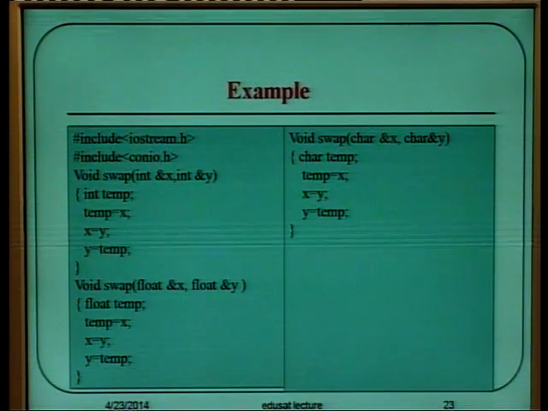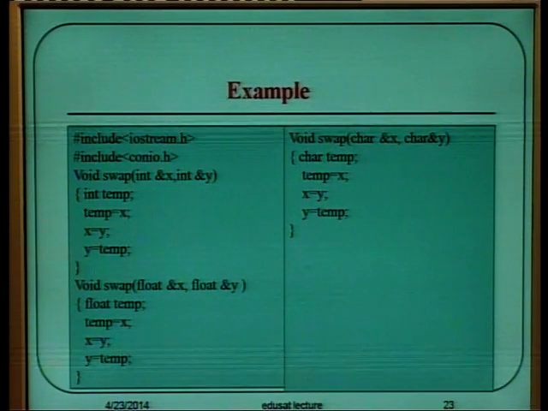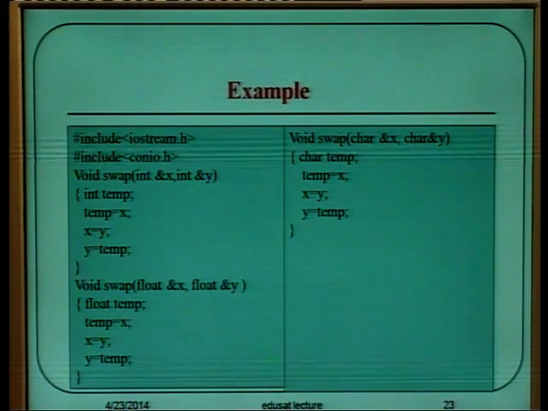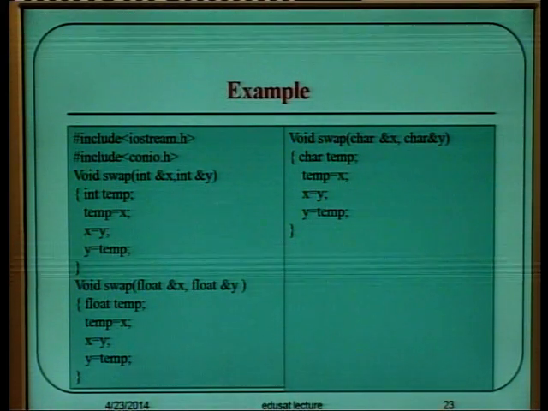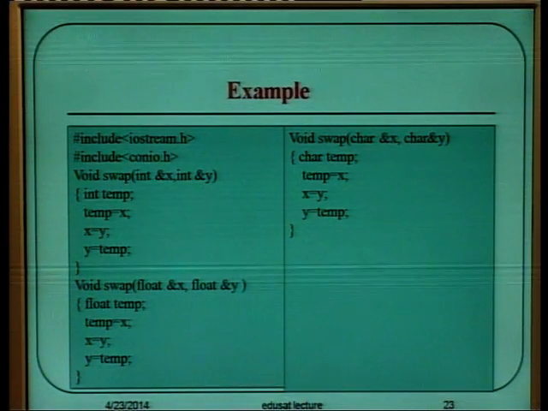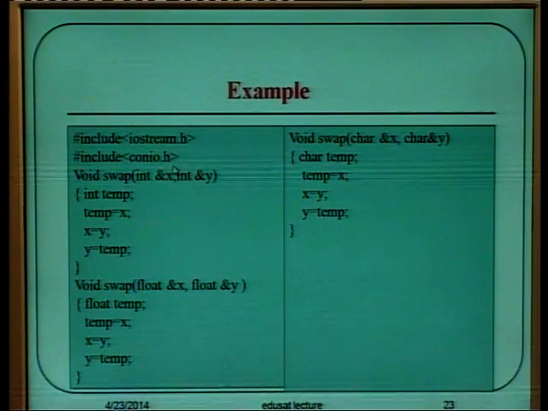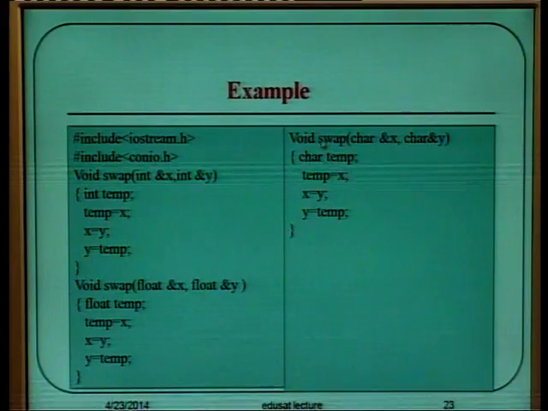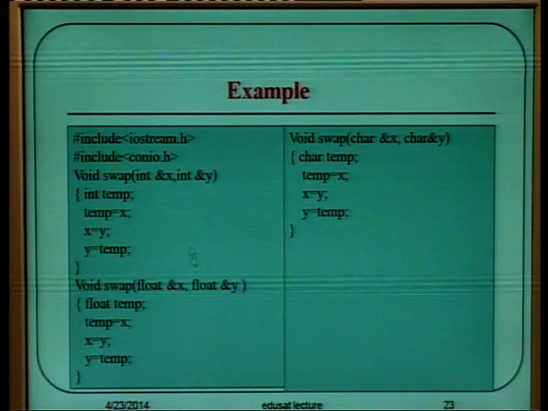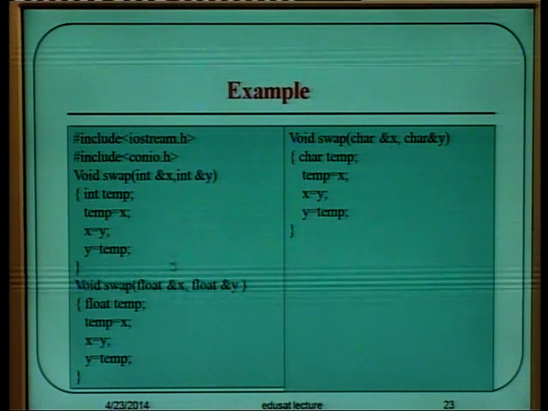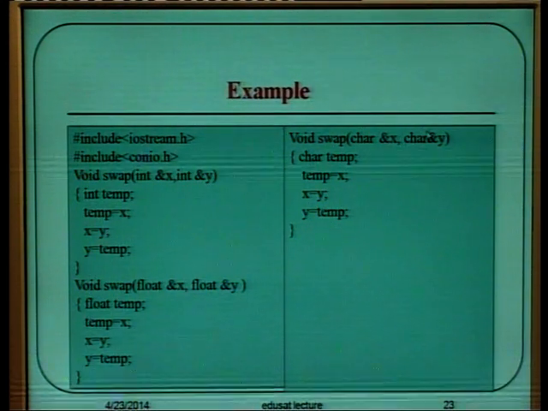One performs for integer values, another for floating values, and the last for character values. So three functions perform the same swapping, but their name is the same, and their passing arguments or values are different.